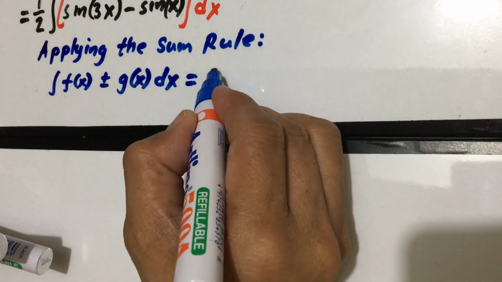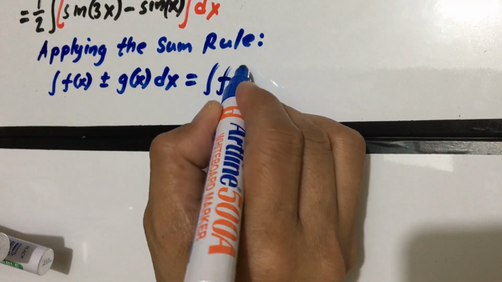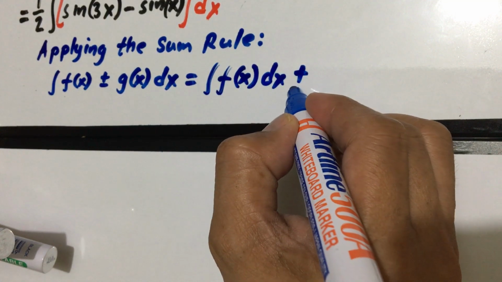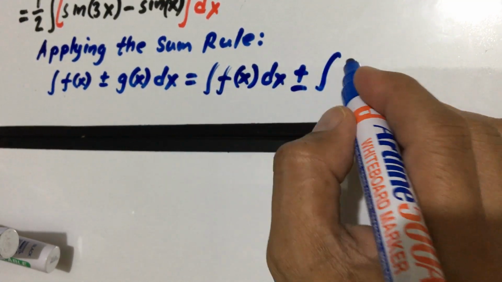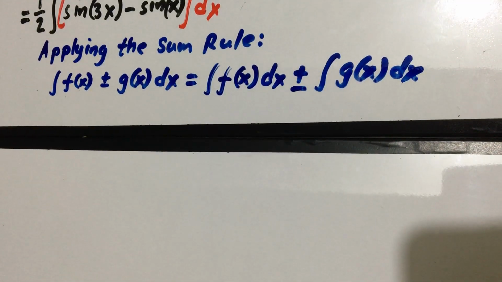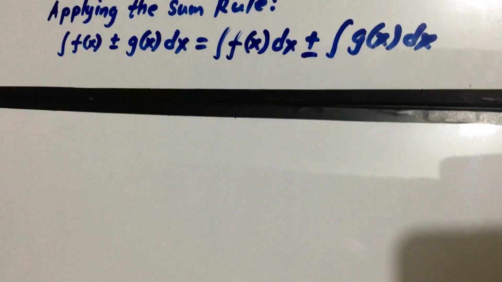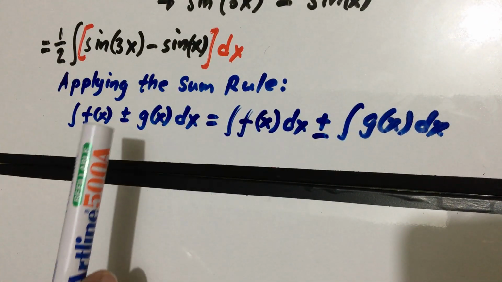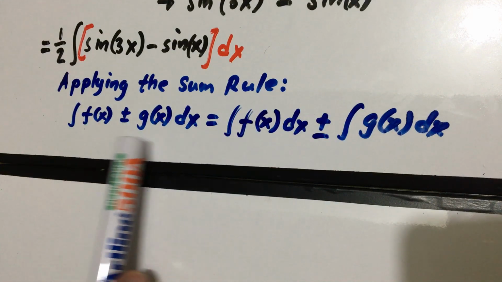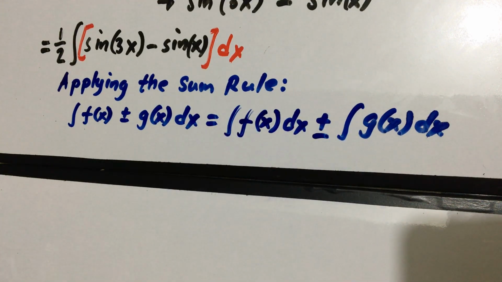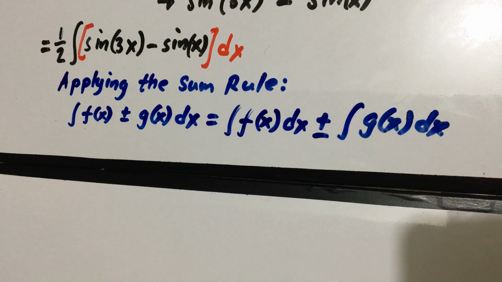This is equivalent to the integral of f of x dx plus or minus the integral of another function of x dx. That's why even if you don't put the parenthesis or the bracket, if you have this form, you may just use this. This is just equivalent to this. So that's why we have to continue this.